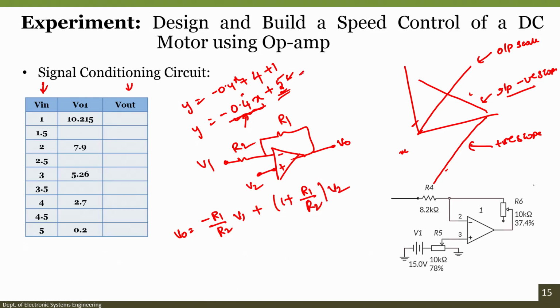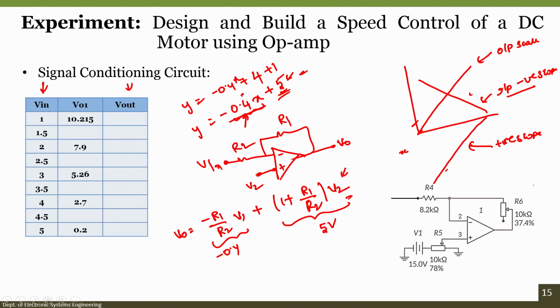When I correlate with this, this particular value I should get as 5 volts, this particular should be minus 0.4, whereas V1 is nothing but the input. So, if I connect the input X here, the set of 1 plus R1 by R2 into V2 should be 5 volts. That means what input voltage if I connect at this point, I will get 5 volts.